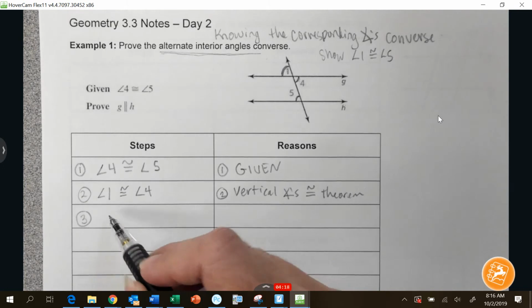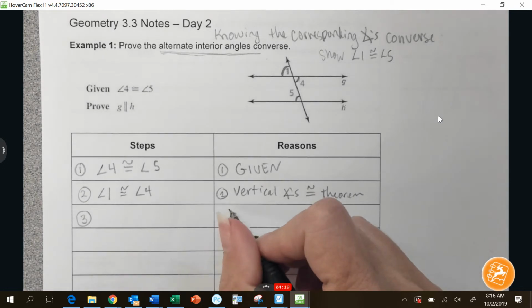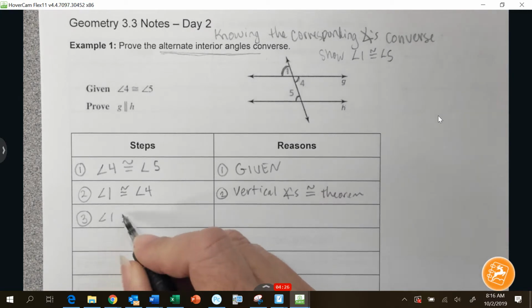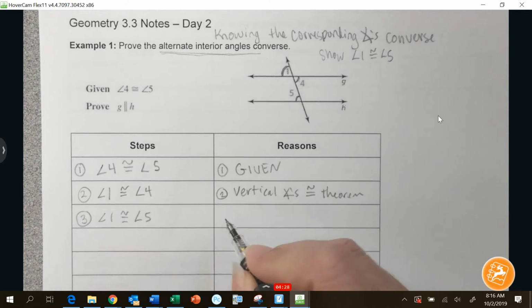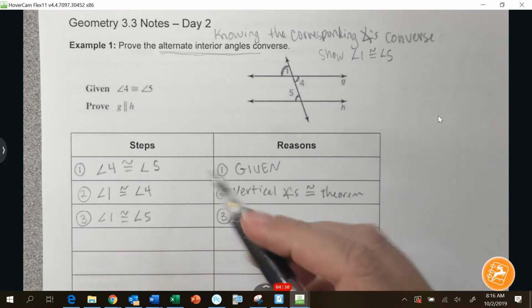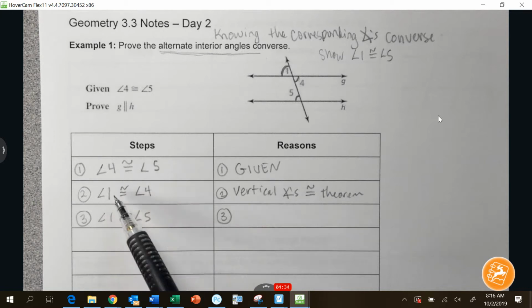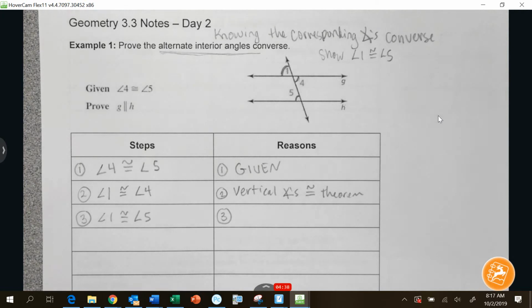I'm not going to write down they're both congruent to angle 4. I'm going to write down a property that means that. So I'm going to say angle 1 is congruent to angle 5. Looking here, I've got 4 is congruent to 5, 1 is congruent to 4, so 1 has to be congruent to 5. Aaron, do you know what it is? Yes, the transitive property.